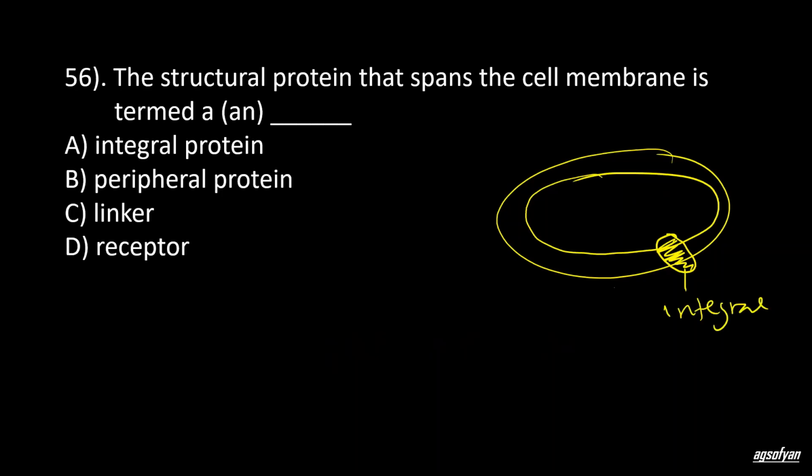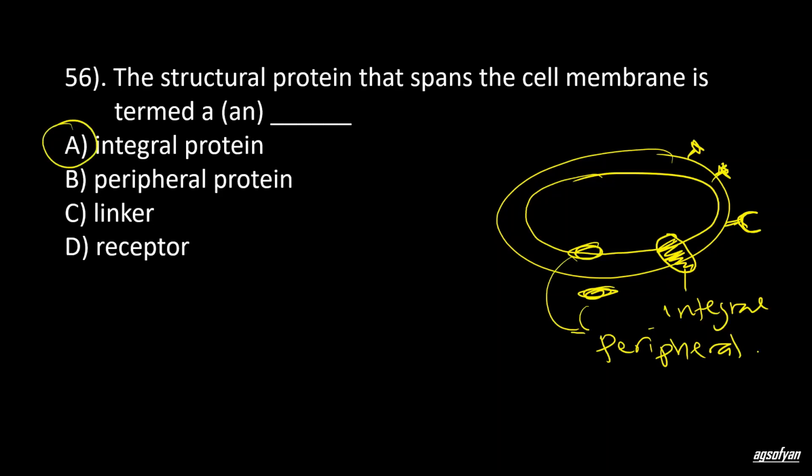If it is only outside or only inside, it is called peripheral protein. Linkers are mostly only on the outside, so they are peripheral. Receptors are also mostly outside, so that is also peripheral protein. So the answer will be integral proteins, like ion channels or transporters.